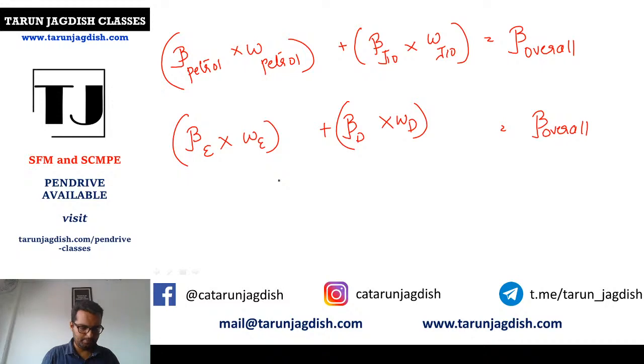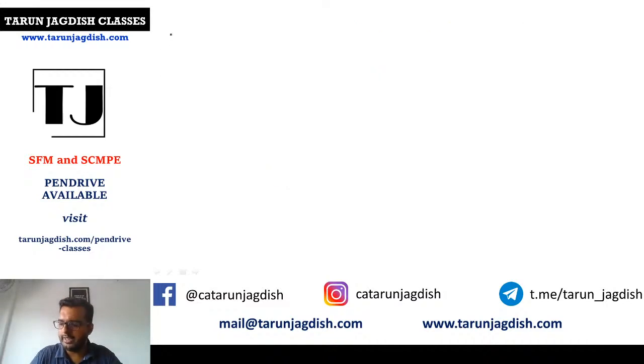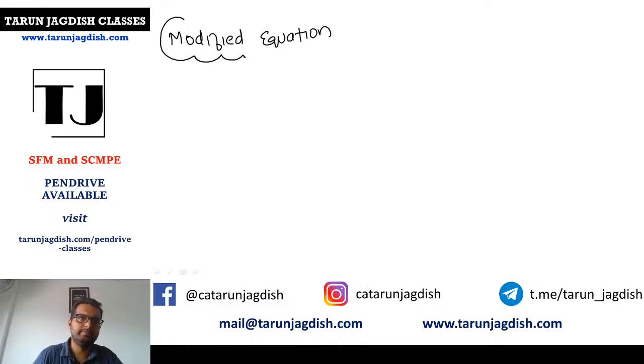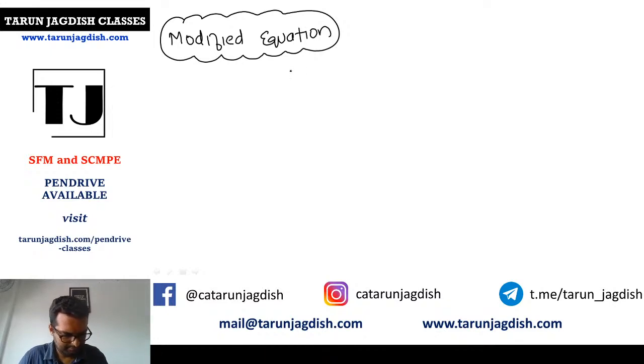Alright friends, have you all put up till here in your books now? Okay. In this case, we have learned one equation. Now I will do a modified equation. Give a heading in your books called modified equation. Okay. Here I'll write down.